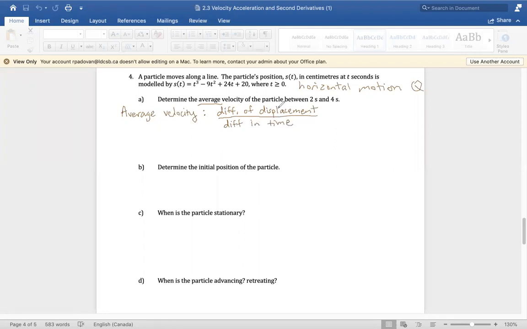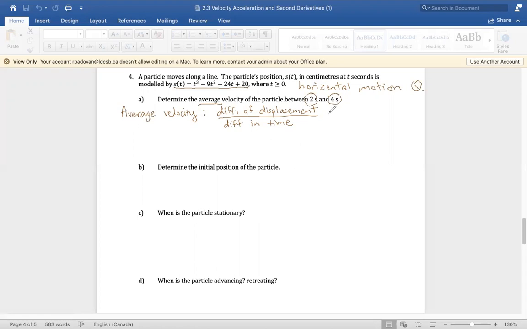So if you look, my displacement function is this original equation. My difference in time, I have the time here, 2 seconds and 4 seconds. So the interesting thing is, if you just think this through first, I actually don't need to get the first derivative here. I'm not using a velocity formula. I'm using the original formula because it is my displacement function.